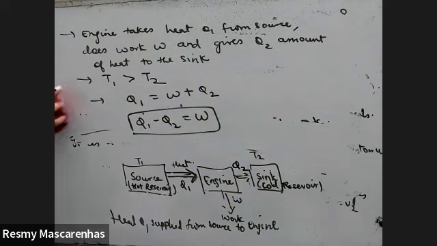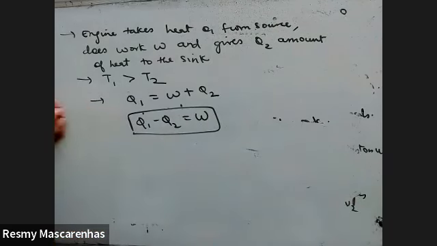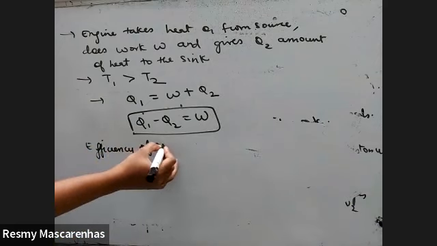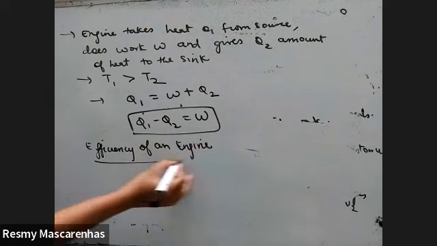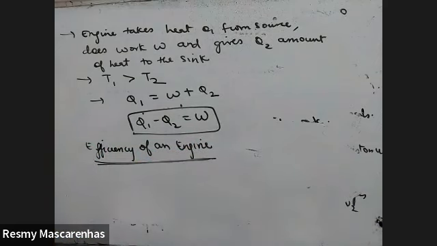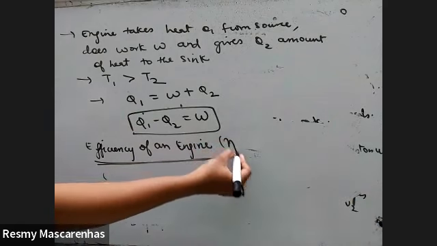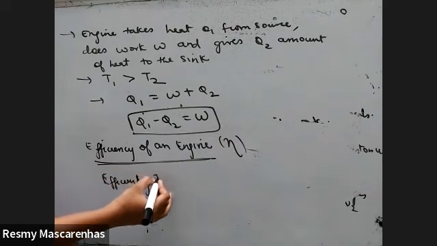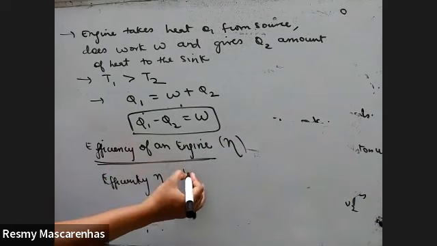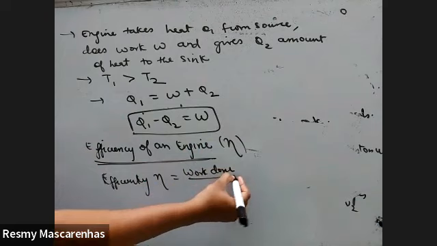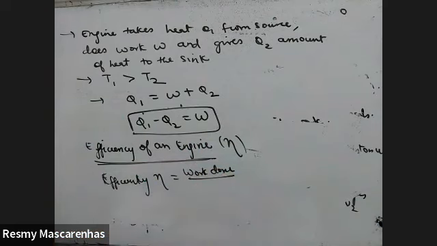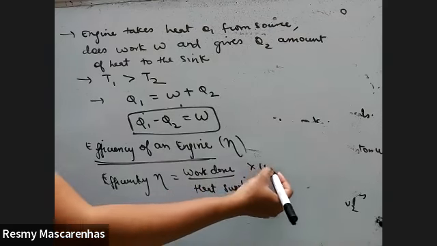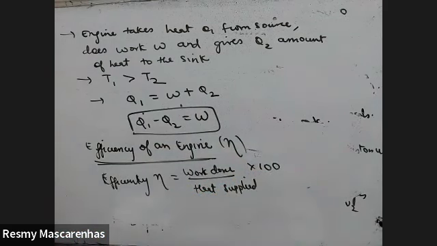Now we'll see what the efficiency of an engine is. Efficiency, with this symbol, is given as work done upon heat supplied, into 100, because efficiency is always given in terms of percentage.